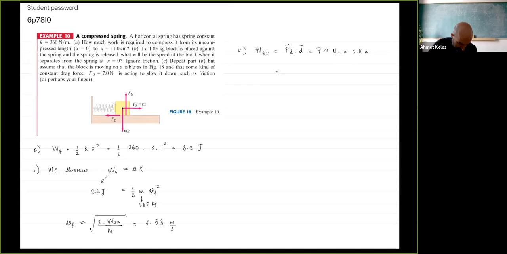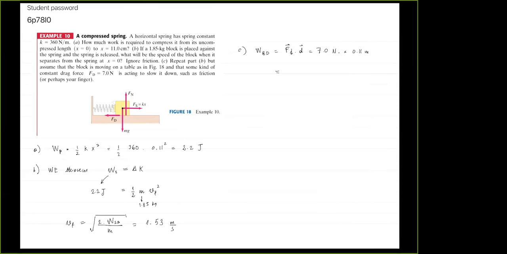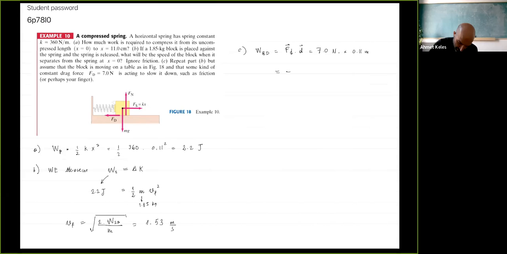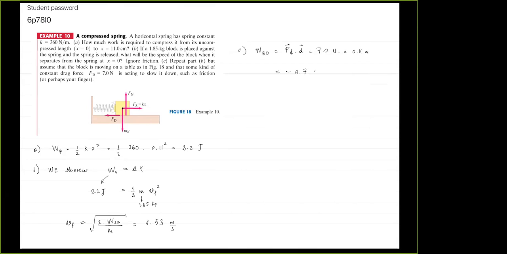And I found from here minus 0.77 joules. Something like that.